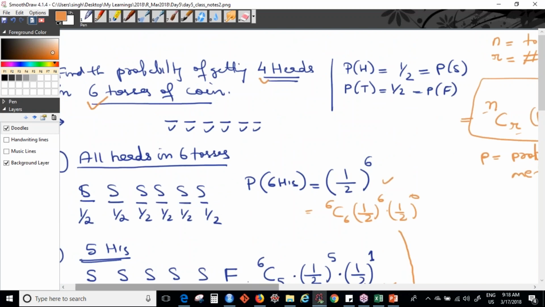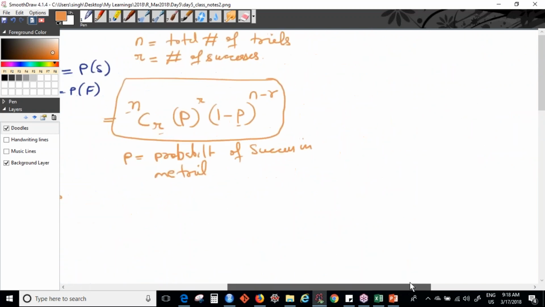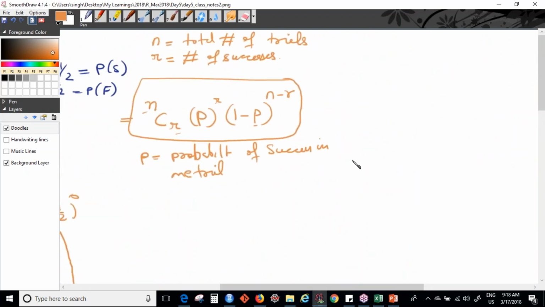Now if I ask you the question that we started our discussion with, you can use this. Find the probability of getting 4 sixes if you roll a dice 6 times.